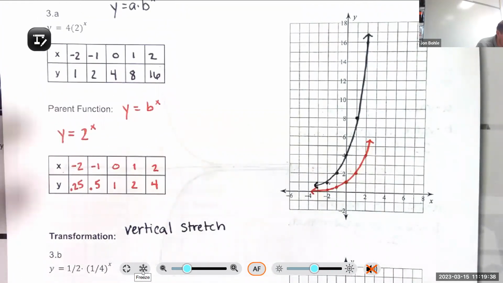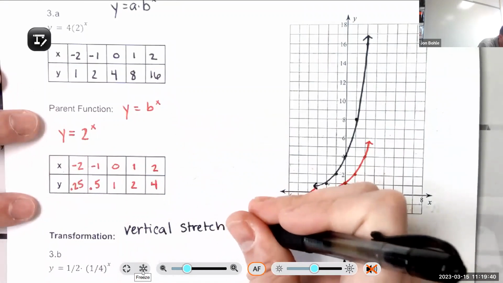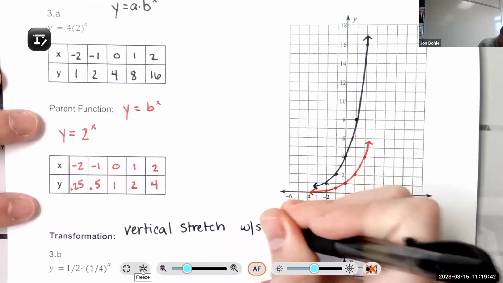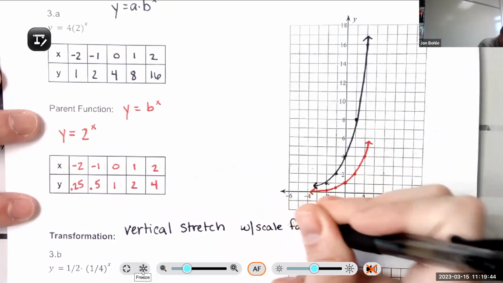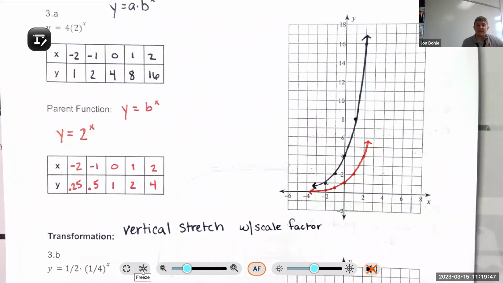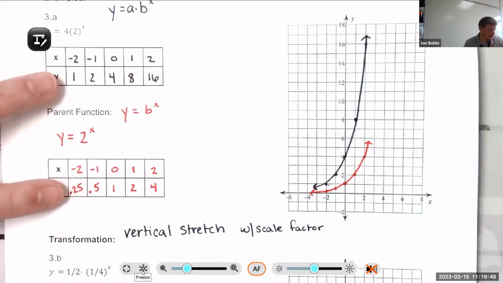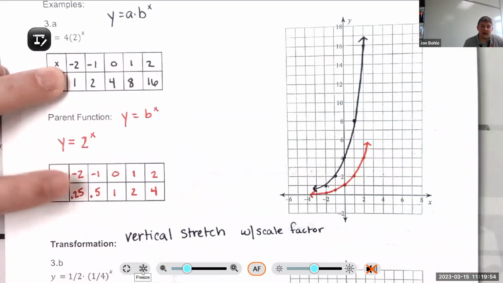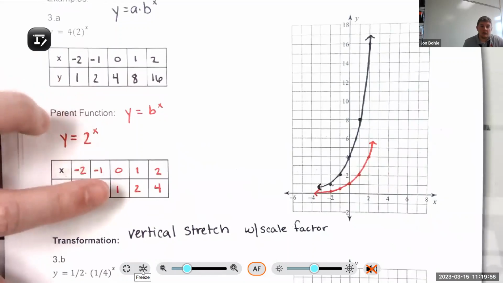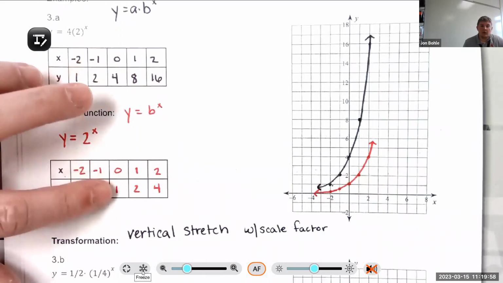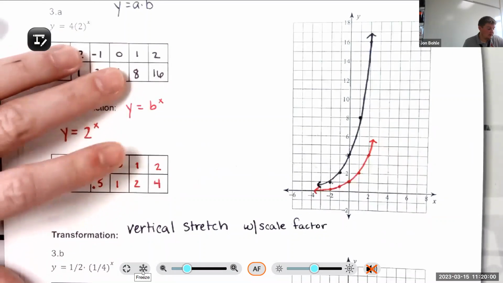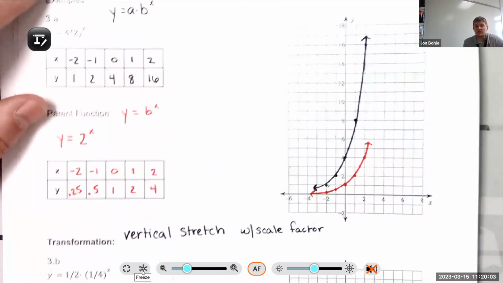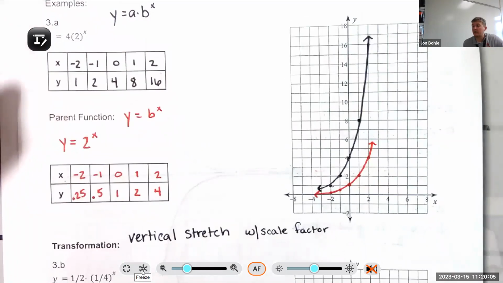Okay. And that vertical stretch has a scale factor. Let's figure out what that scale factor is. I can figure out that scale factor by looking at my y values. Red to black. 0.25 to 1. 0.5 to 2. 1 to 4. 2 to 8. 4 to 16. What number is it getting scaled up by?